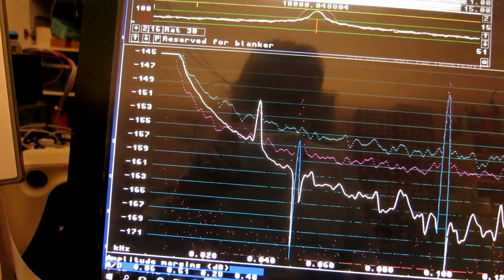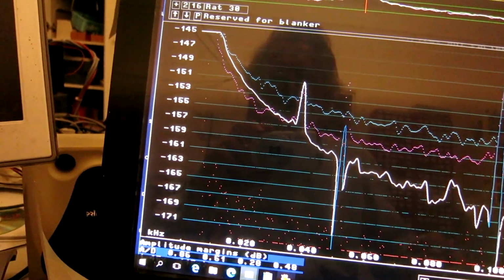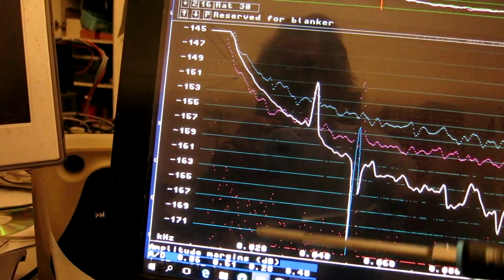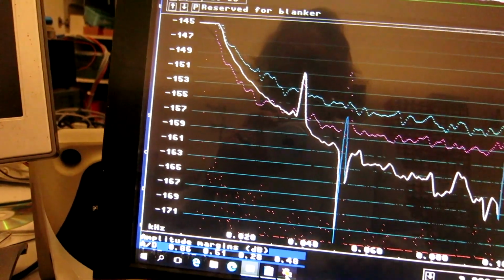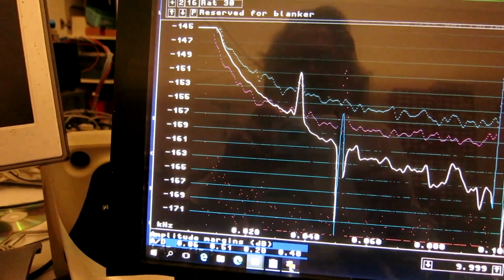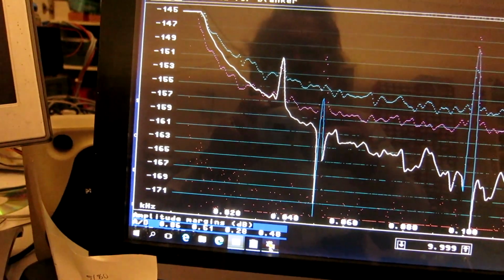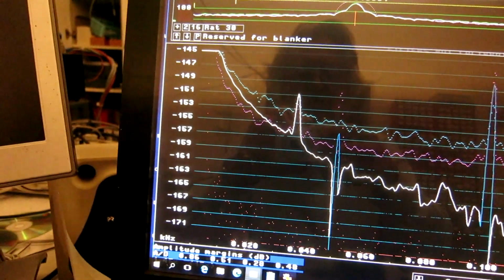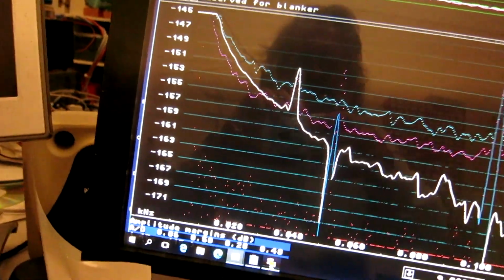The best signal-to-noise ratio for the AM noise is here at 20 Hz. So I will look for the noise level at 20 Hz with different currents and voltages.